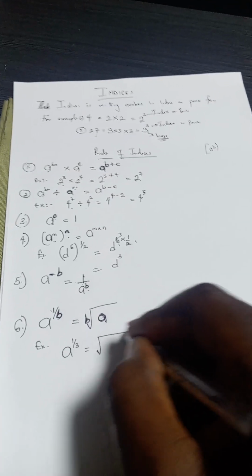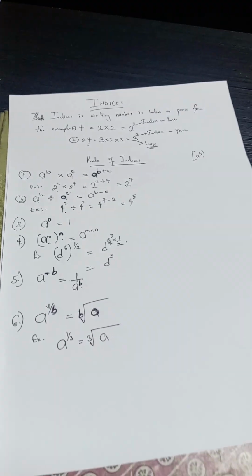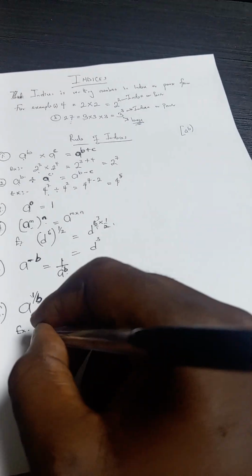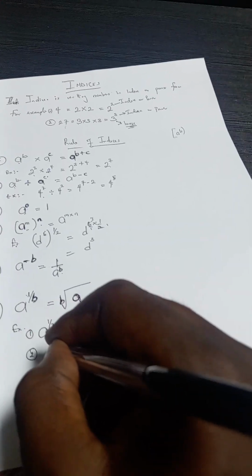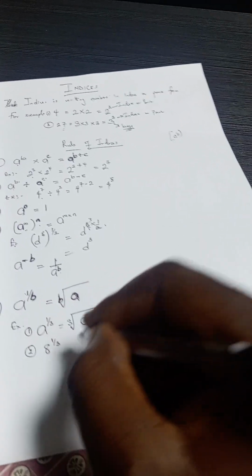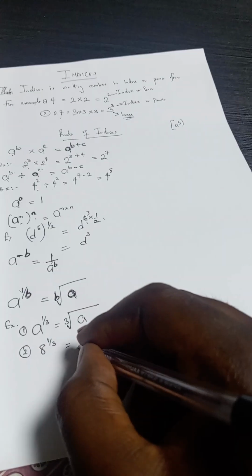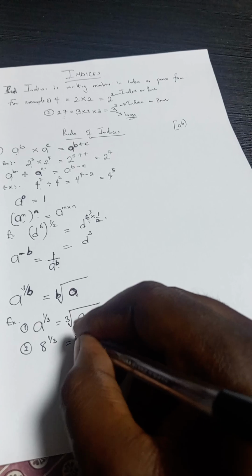That will give you the cube root of a. Or let me use another one. Let's say this is 1, this is 2: 8 raised to power 1 over 3 equals what? You can solve this by saying cube root of 8.